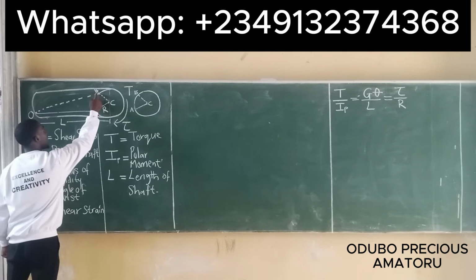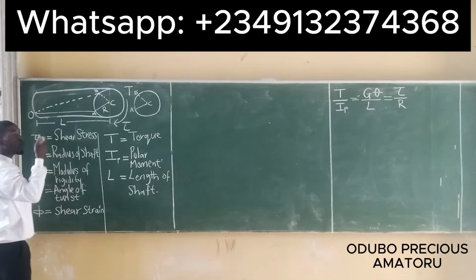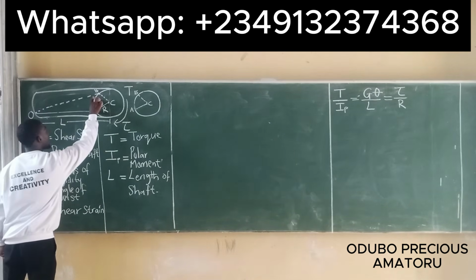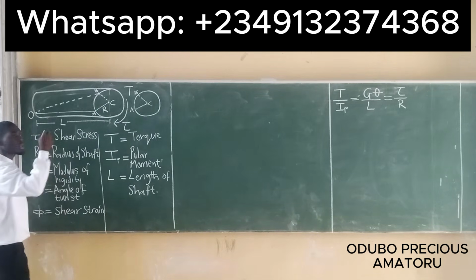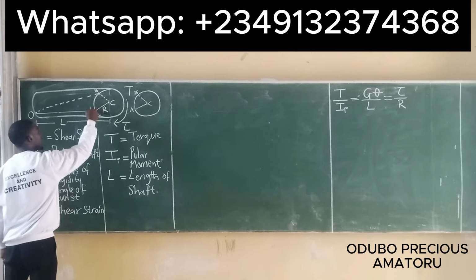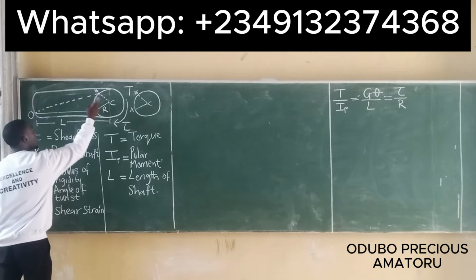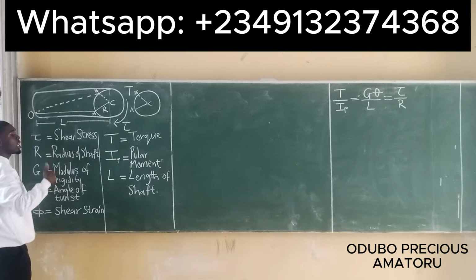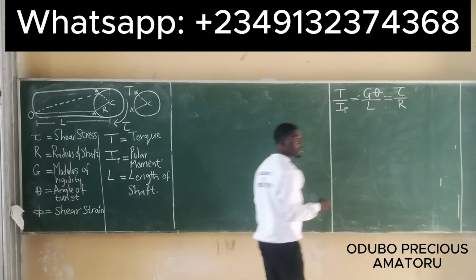This point relates to this angle, and at the same time it relates to this angle. When you analyze this angle, you get some useful information, and when you analyze this angle, you get some other information. Knowing that these two parts relate to each other, you equate what you have for each, and that will give you one part of the equation.